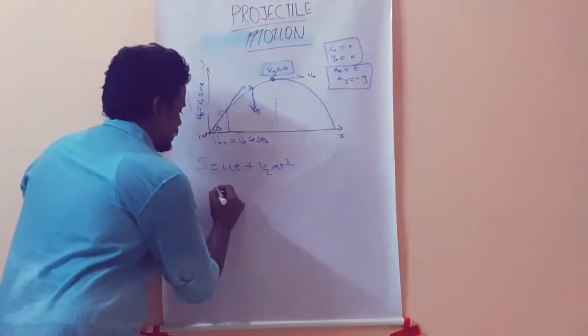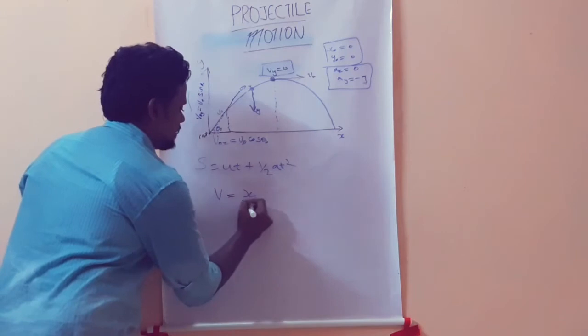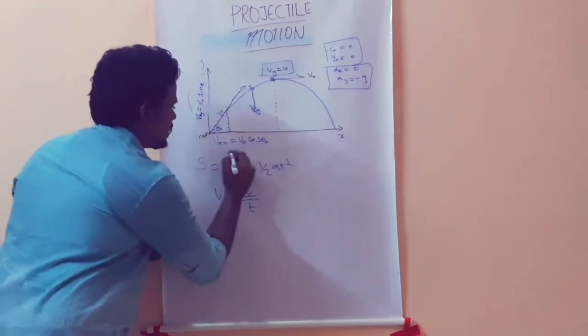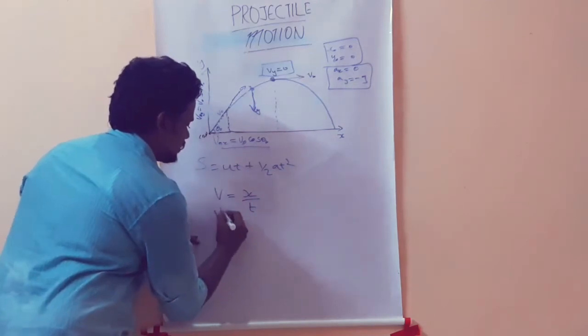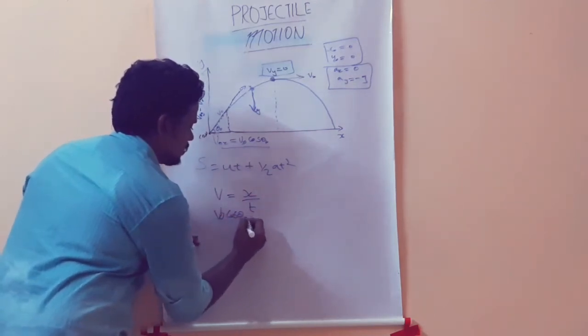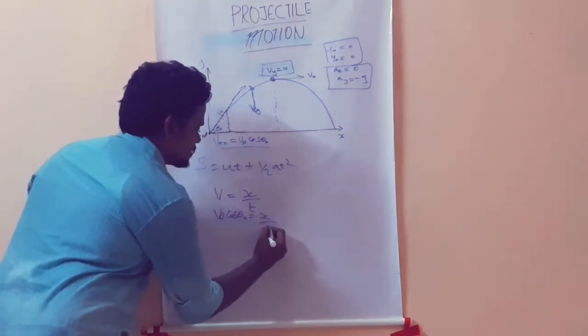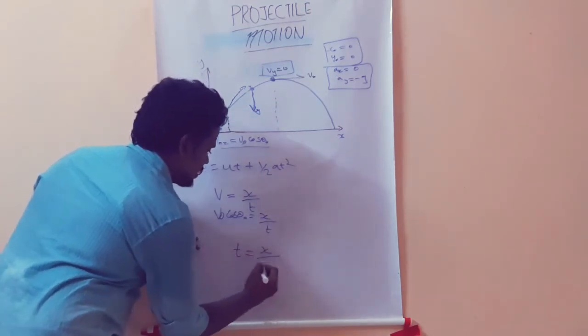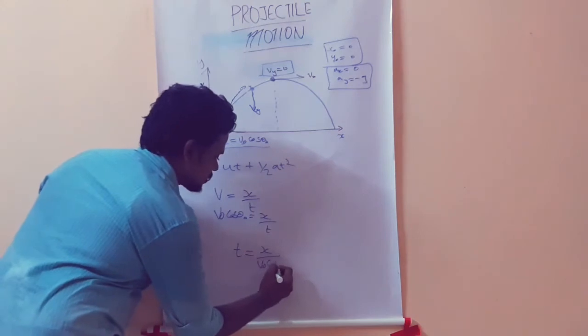So we know the velocity v equal to displacement by time. Here the velocity along the x axis, therefore we are going to replace it with v naught cos theta naught, which is equal to x by t. Then we will get t equal to x divided by v naught cos theta naught.